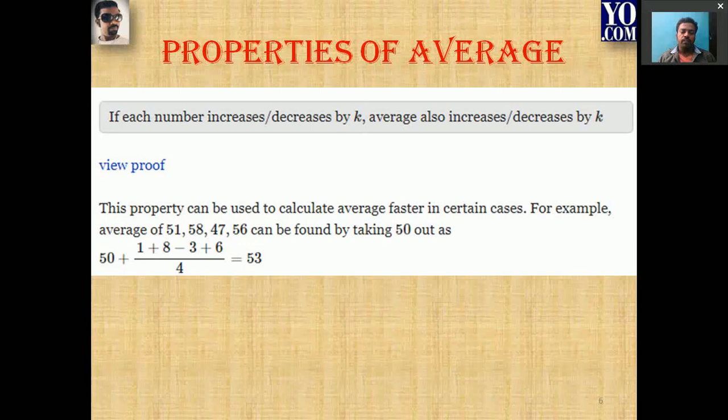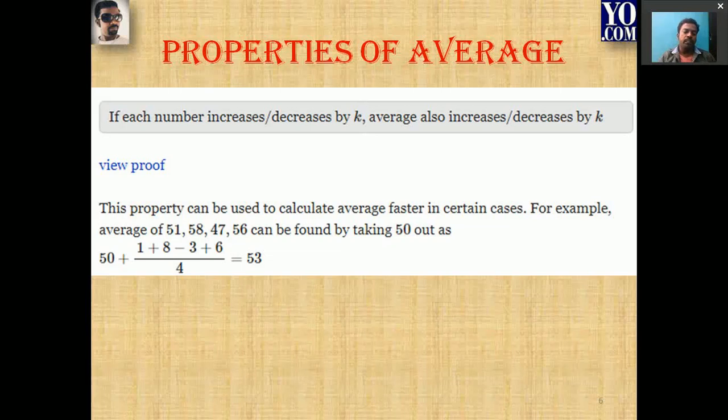Then we write 51 equal to 50 plus 1, 58 equal to 50 plus 8, 47 equal to 50 minus 3, and 56 equal to 50 plus 6. So 50 is taken as common, then we add the remaining numbers and divide by 4, and you will get 3.